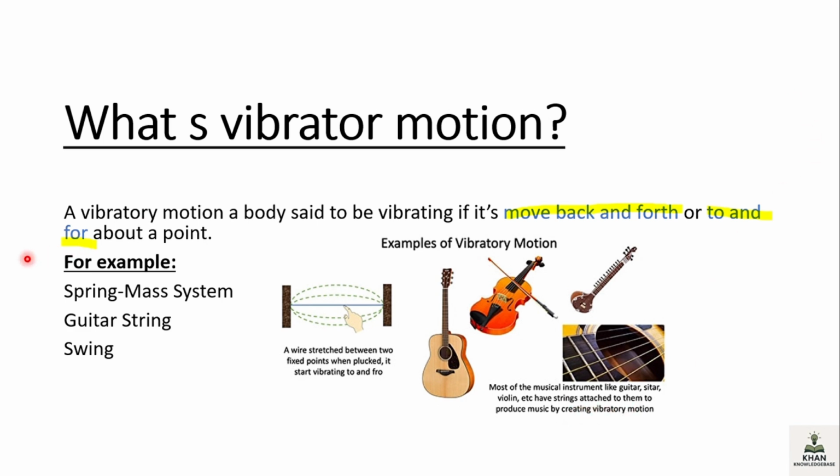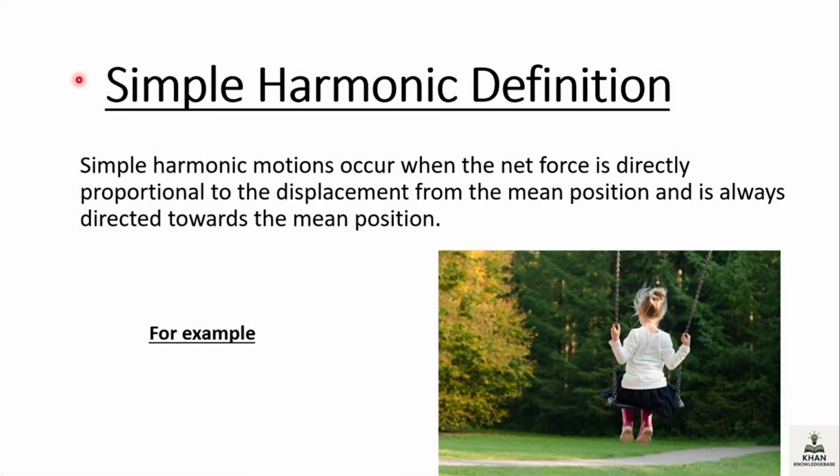Now take a step further, to simple harmonic motion. Simple harmonic motion occurs when the net force is directly proportional to displacement from the mean position and is always directed towards the mean position. For example, as you can see in the picture, a child sits on a swing.